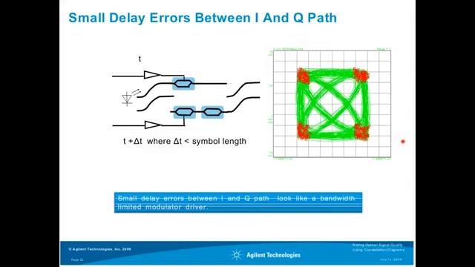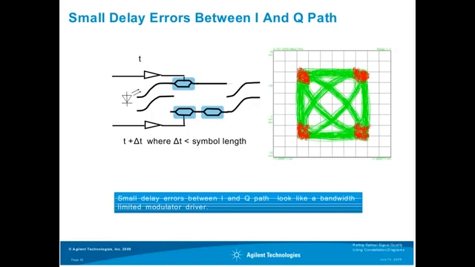What we can see here in the constellation diagram was measured with a delay that is below a symbol length, and we can see a very characteristic opening of these transitions. Also on this side we can see this opening in the transitions. And this opening is caused by the delay between these two channels, the I and the Q channel.